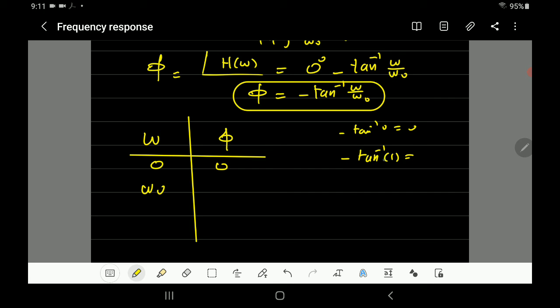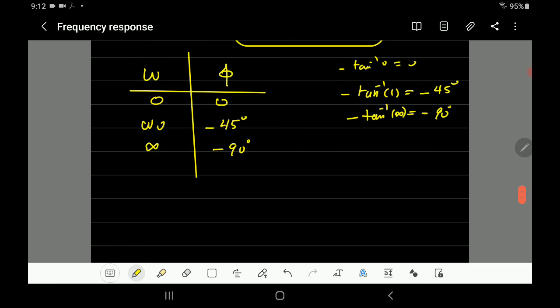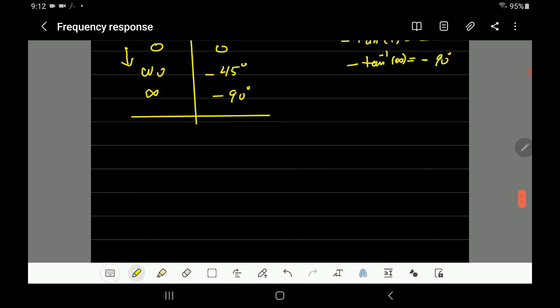Tan minus 1 gives you 45, and you have the negative sign, so it will be negative 45. When you have infinity, you know that tan minus 1 of infinity is equal to 90, and you get a negative sign here. So what happens here is that as the frequency increases, phi decreases from 0 down to negative 90.